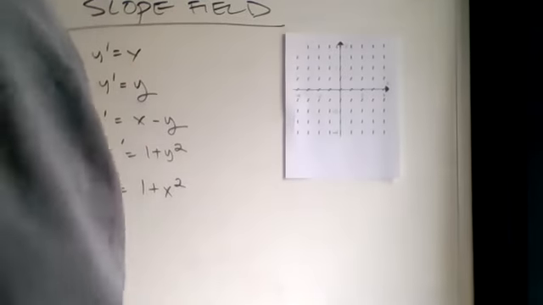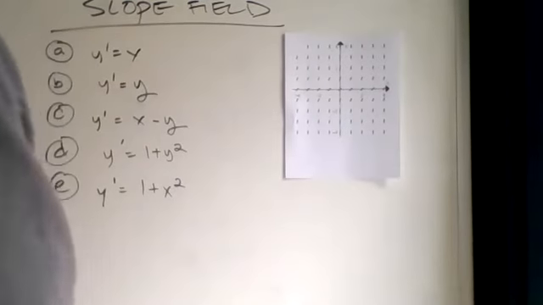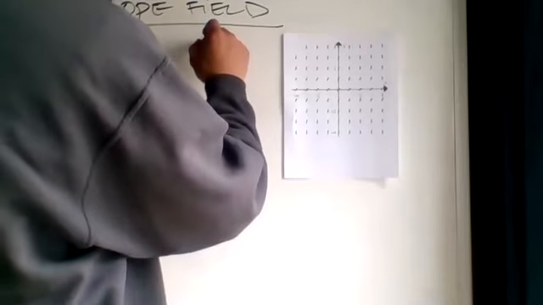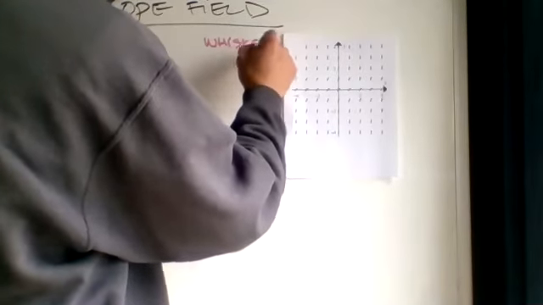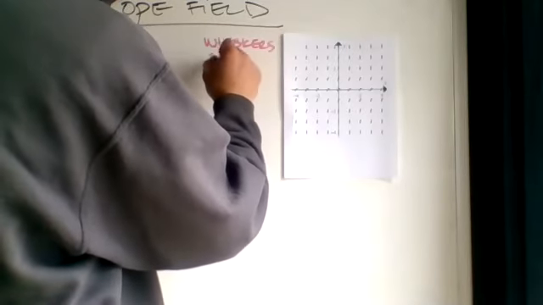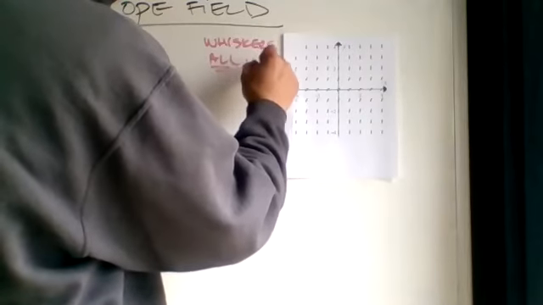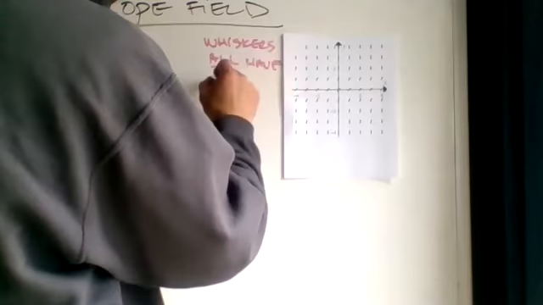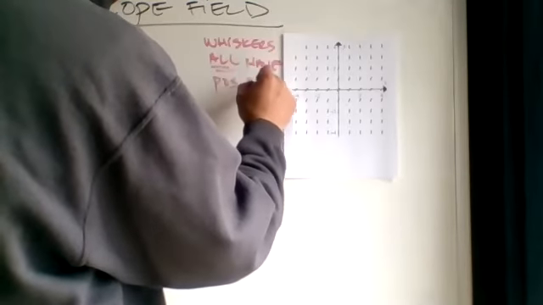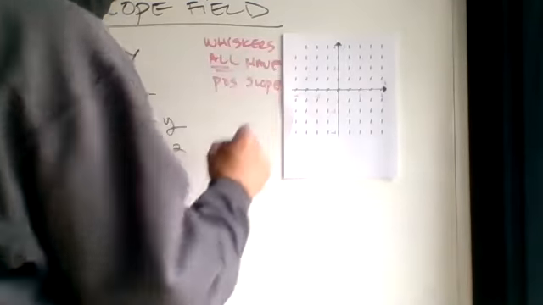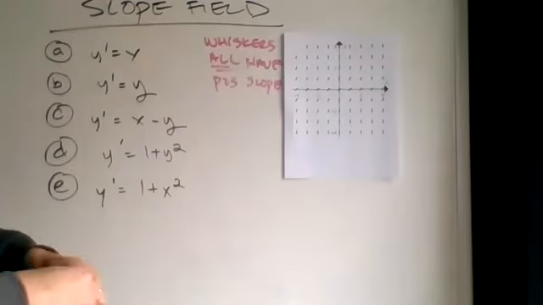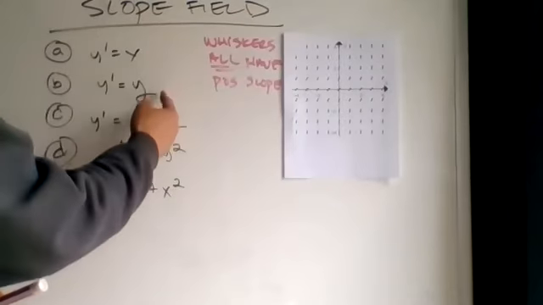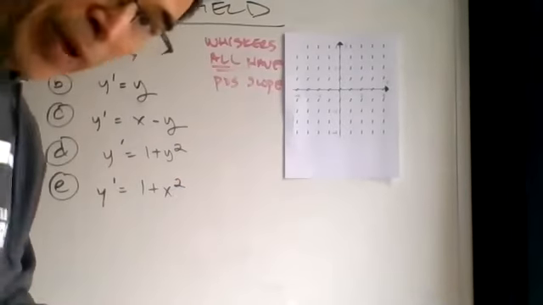I'll write that over here: whiskers all have positive slope. Now we're going to go through these one by one and ask, would you always have positive slope?